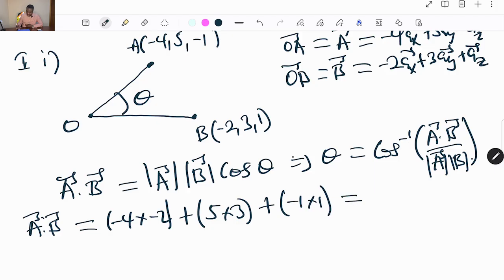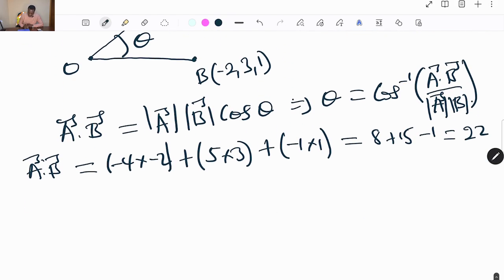And this will give us 8 plus 15 minus 1. So 8 plus 15 is 23, minus 1, we get 22. That is for the dot product.